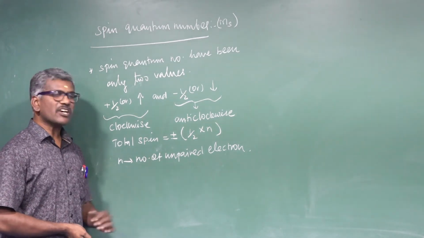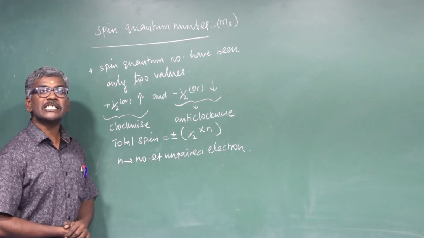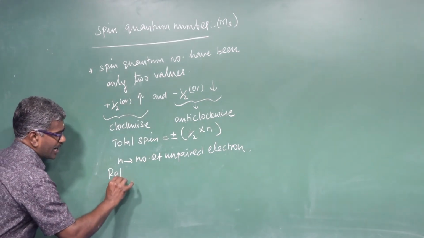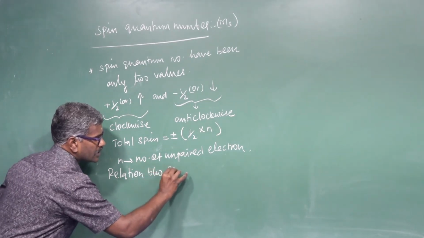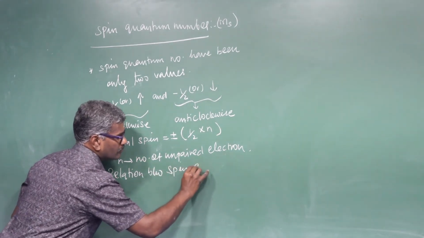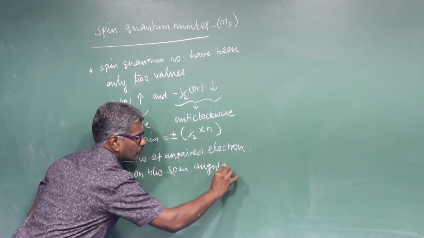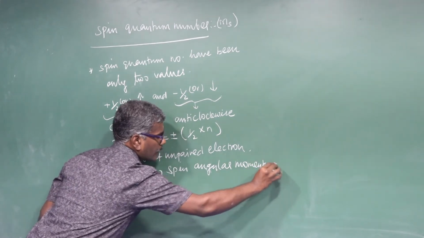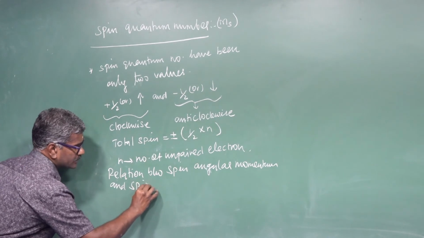Next, what is the formula for spin angular momentum and spin quantum number? That is the relation between spin angular momentum and spin quantum number.